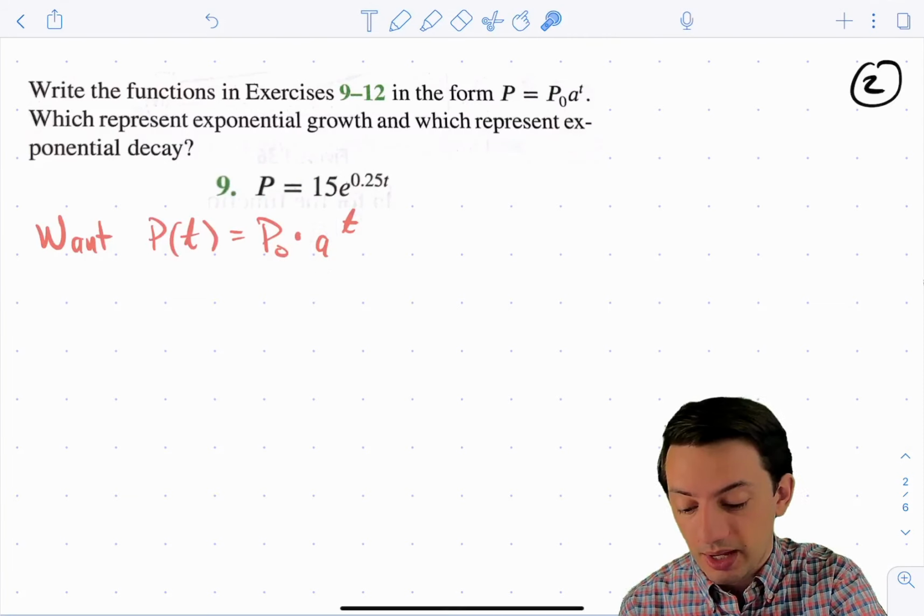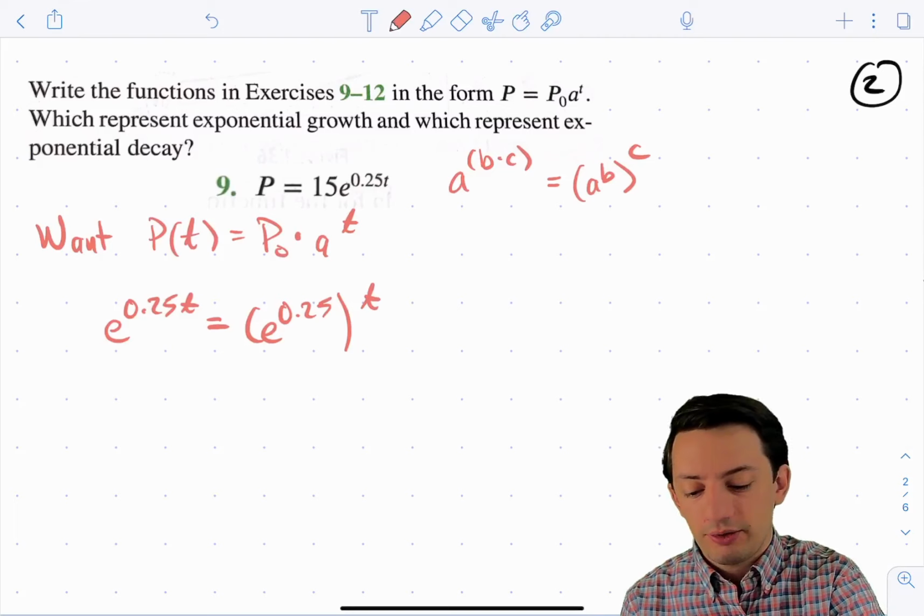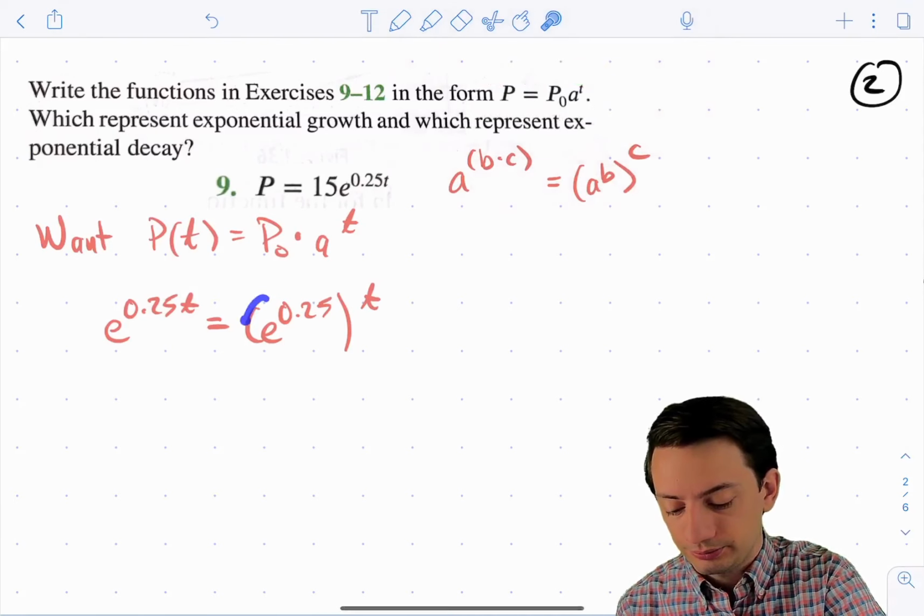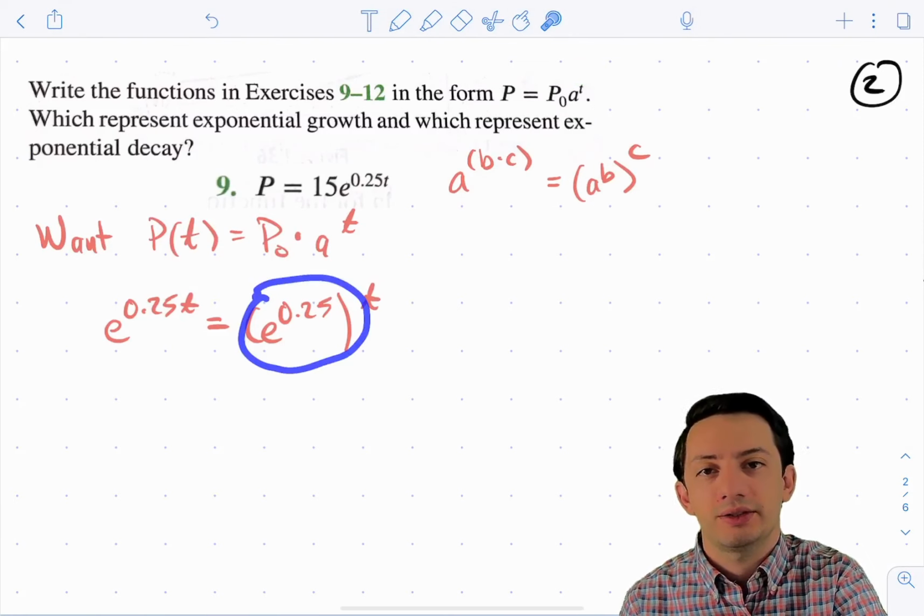So we use that rule of exponents that we talked about, where a to the b times c power is the same as a to the b to the c. And that tells us that e to the 0.25t is equal to e to the 0.25, then to the t. So all that's left to do is to figure out what that quantity is.